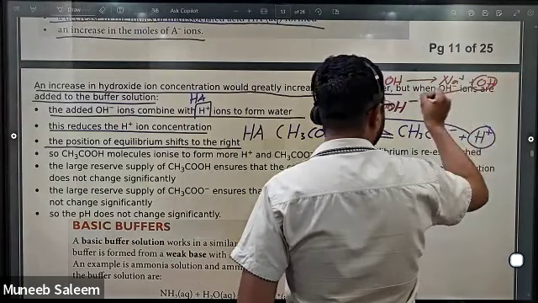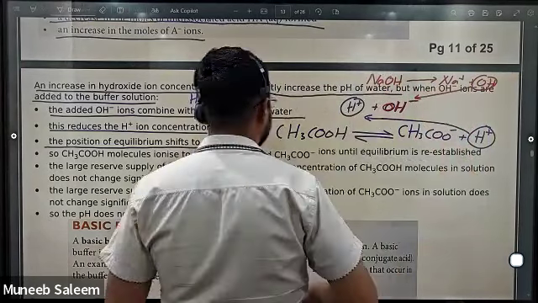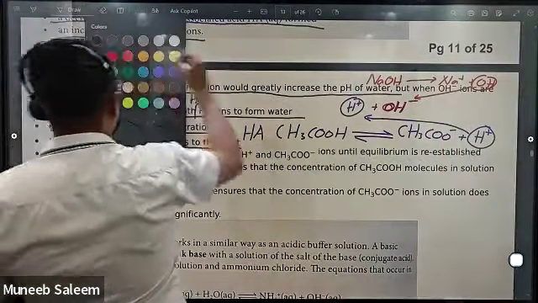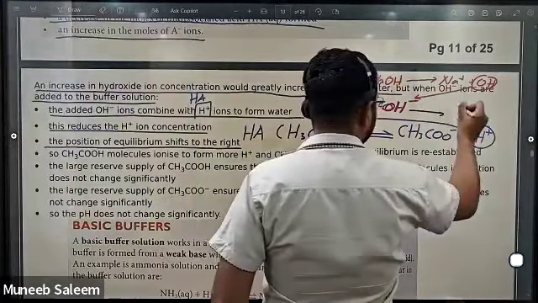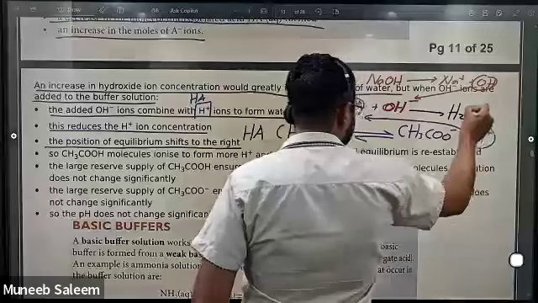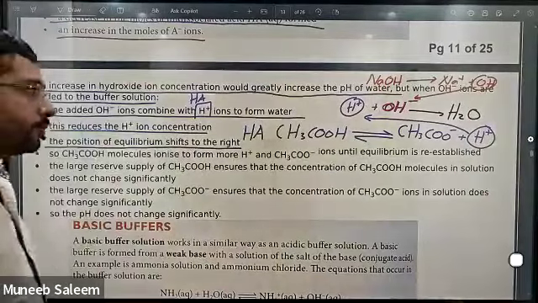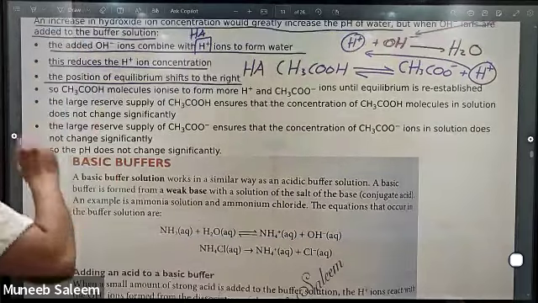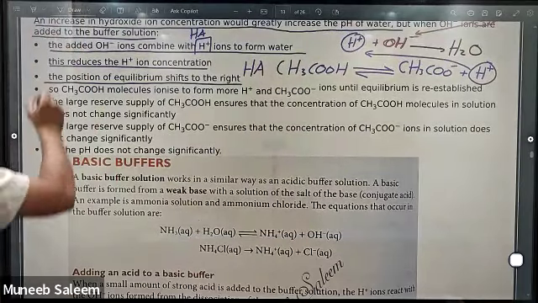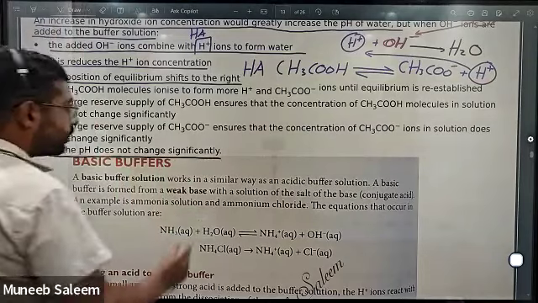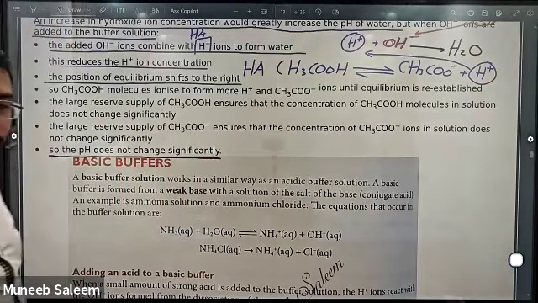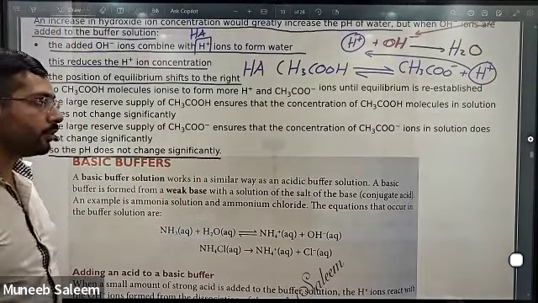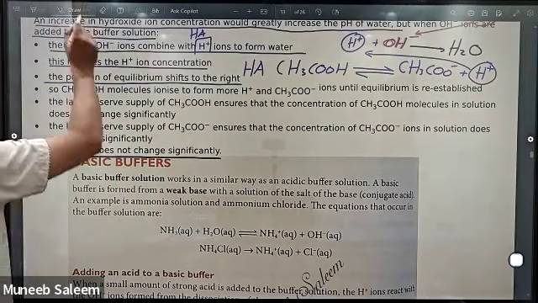So these are the same hydroxide ions coming from the NaOH, and as a result of this, there is a formation of water, which is a neutral compound. So at the end, the pH does not change significantly. This is the reason, because there was the formation of the water.